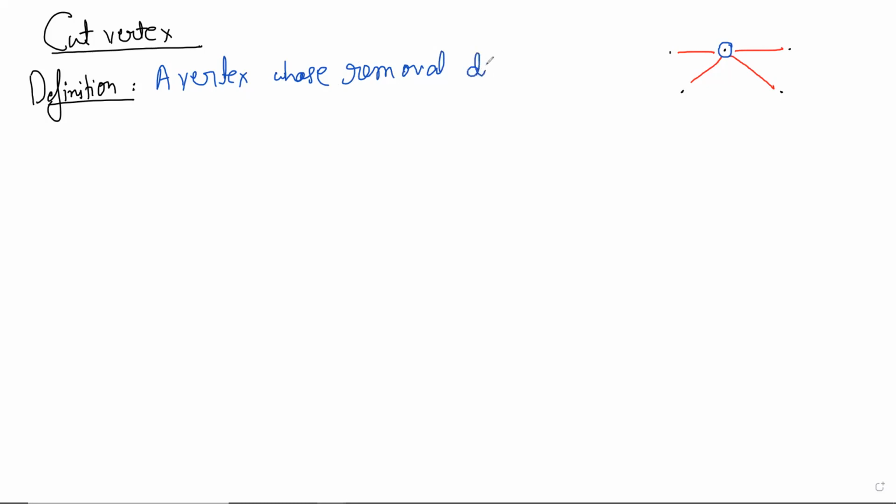Whose removal disconnects the graph. This is the definition we are taking.